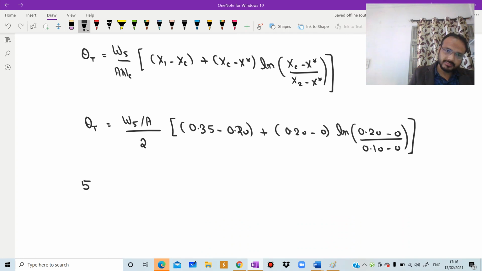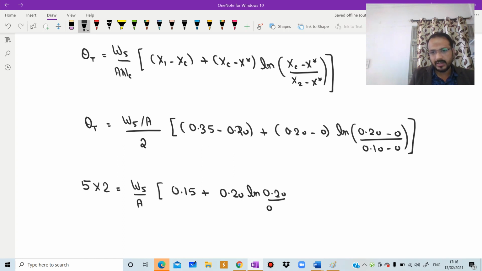Total time is 5 hours, so 5 into 2 is equal to Ws by A. Solve it. It is 0.15 plus 0.20 ln of 0.20 divided by 0.10.